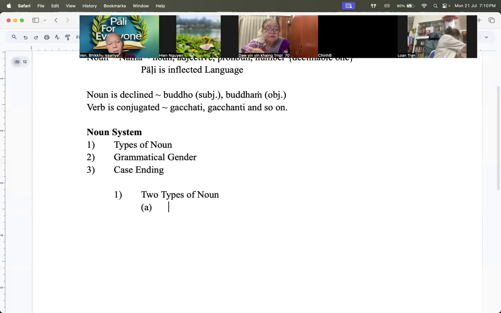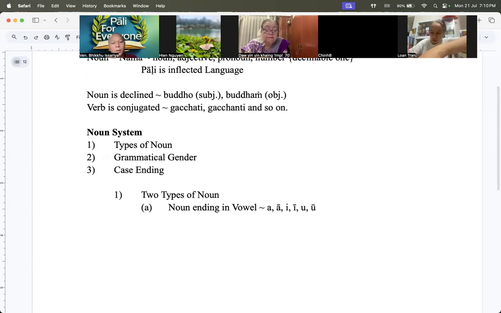The first one is noun ending in a vowel. Those are a, ā, i, ī, u, and ū. So these are six vowels.